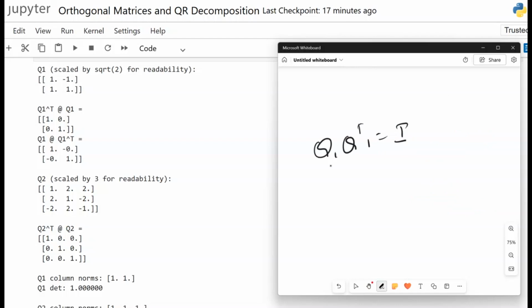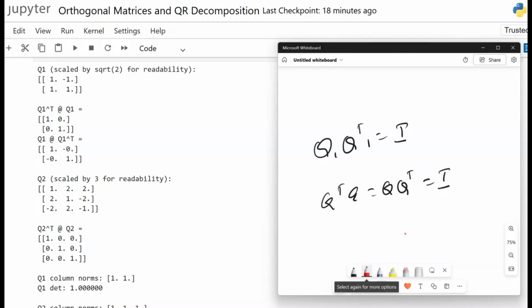I just took only the Q1 matrices, and as well for a square orthogonal matrix, yes, Q transpose Q is equal to Q Q transpose, that is equal to identity. And here for a tall matrix, that is a non-square orthogonal matrix, only Q transpose Q equal to I holds.